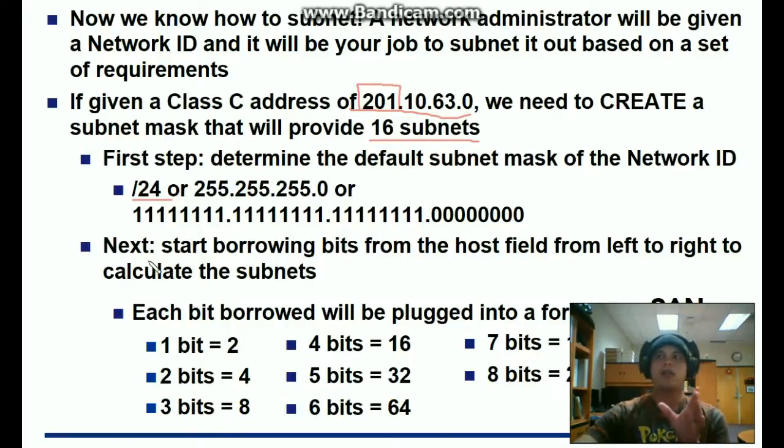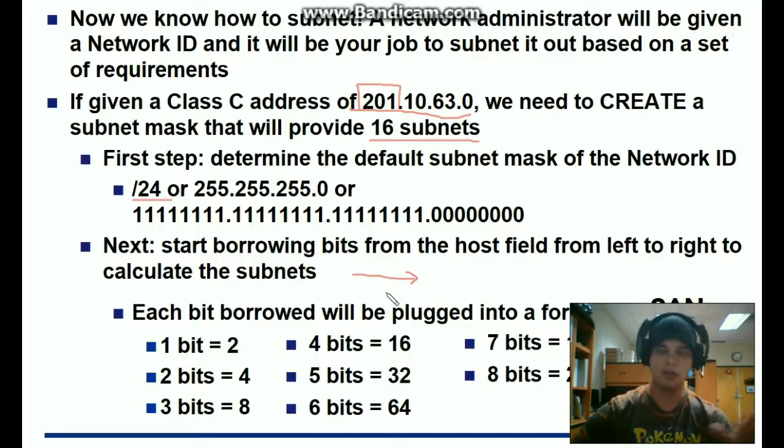Now, next, we will start borrowing bits from the host field from left to right. So we start from the left side, and then we go right until it satisfies our need for networks. Each bit borrowed will be plugged into a formula, 2 to the n.